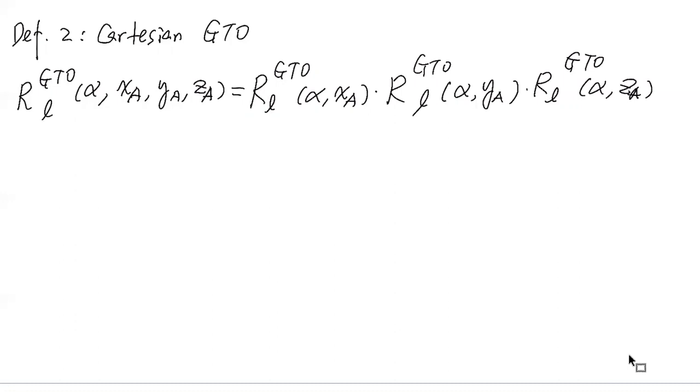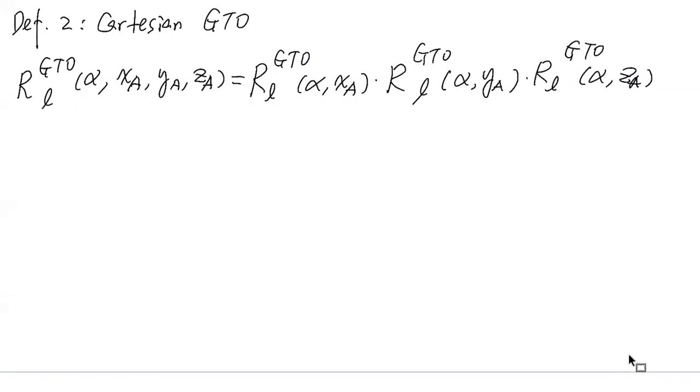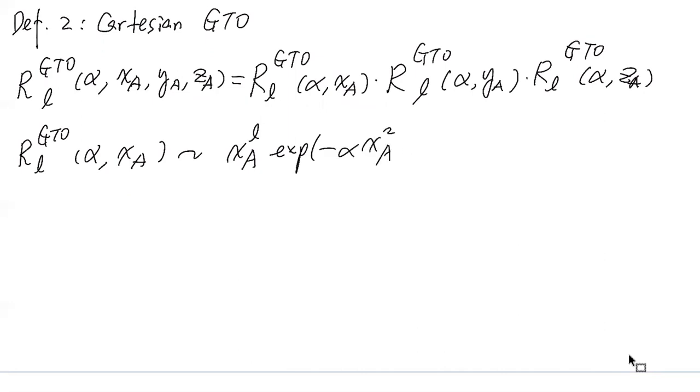But for the Cartesian Gaussian type orbital, it is defined to have this property, okay? So the GTO alpha XA is essentially XA to the L's power, exponential negative alpha XA squared.